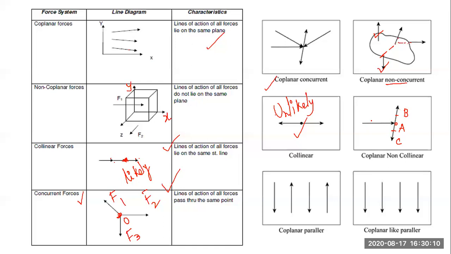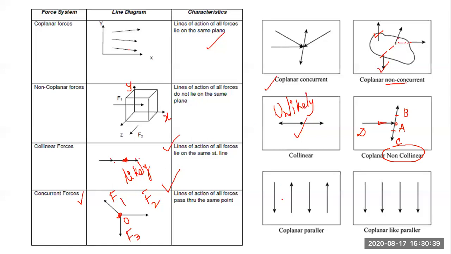But due to the third force, not AD, it is DA, since the vector DA is not in the same straight line as AB and AC, these are non-collinear, because the condition of concurrency or collinearity has to be maintained by all the forces, otherwise not.